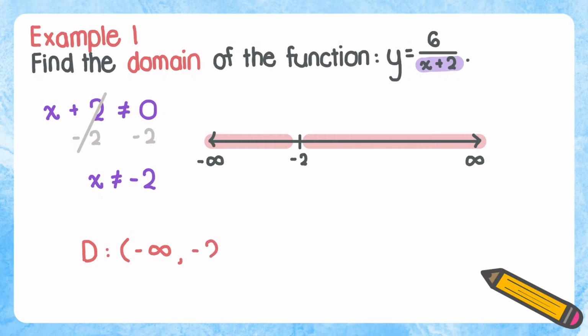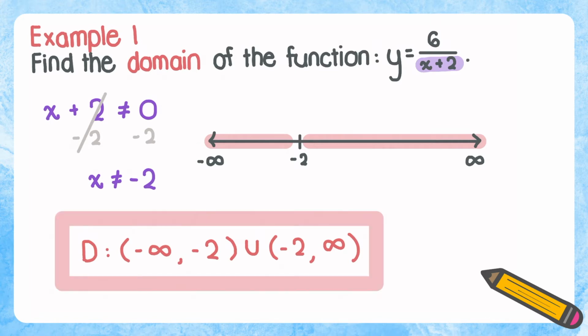So right here, -2. But then we had to jump over it. So we're going to use this little symbol, it's actually called the union symbol, to show that we hopped over it. And then we resumed right after -2, all the way to positive infinity.